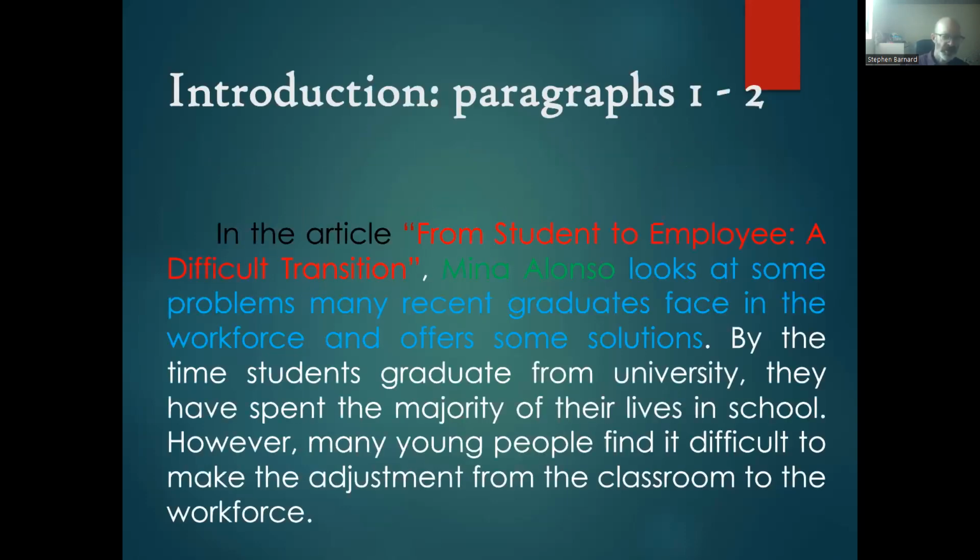So the first 2 paragraphs of the article, the introduction, I really just want to mention the name of the article, its title. I want to say who the author is. I want to describe the situation which the article focuses on, as well as the main idea of the article.